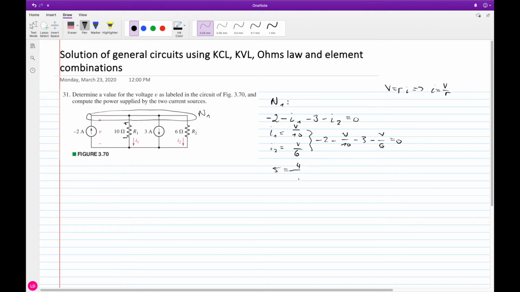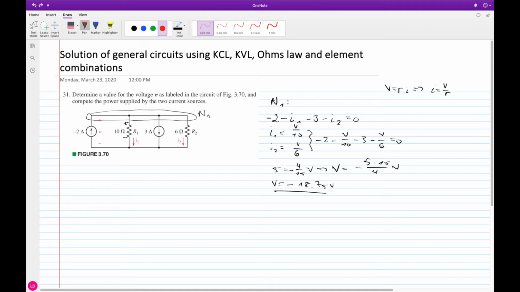So 4 over 15 V, which means that our voltage should be equal to negative 5 times 15 over 4 volts. And that means that V is equal to negative 18.75 V. Feel free to double check this result in case I made a mistake. But well, I found V already.